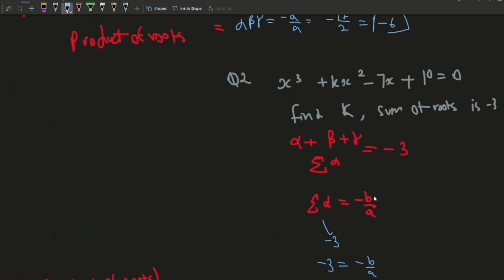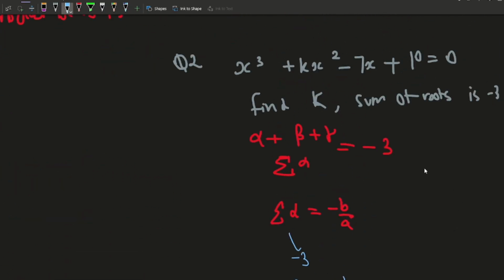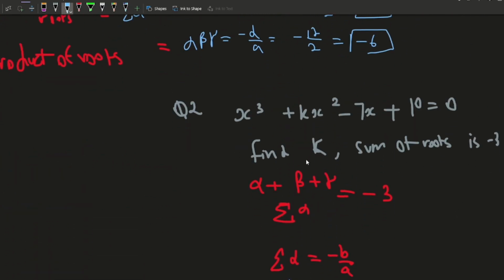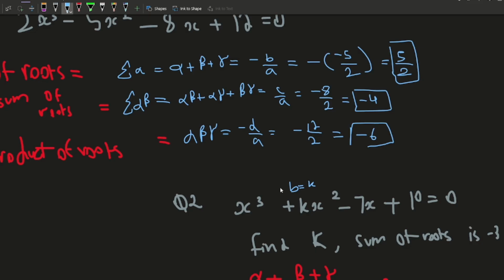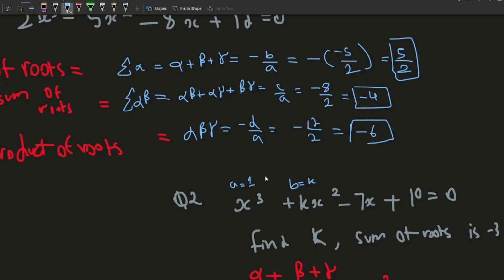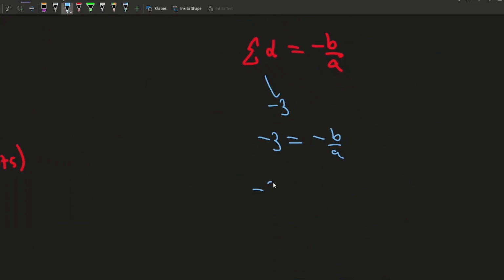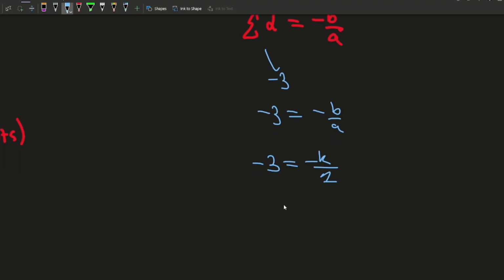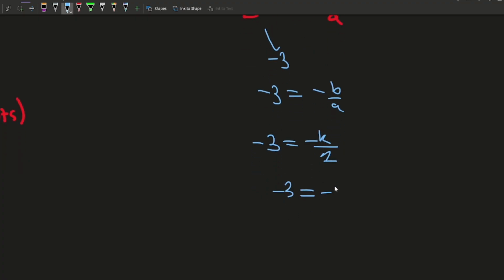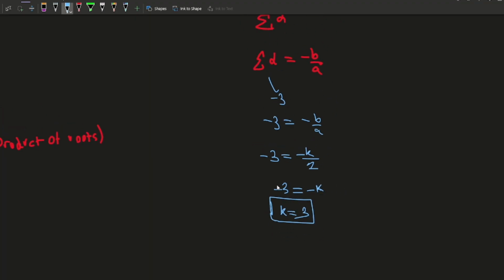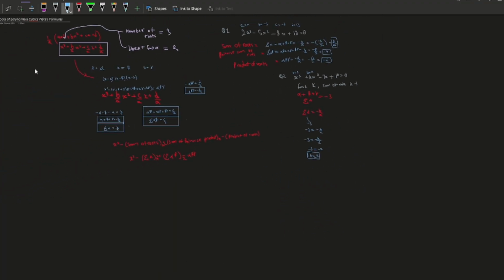So minus 3 is equal to minus b over a. Now let's write down the coefficients. b is k, a is 1. So minus 3 is equal to minus k over 1, which is minus 3 equals minus k. So k is equal to 3. This is our final answer. So this is it for today's lecture.